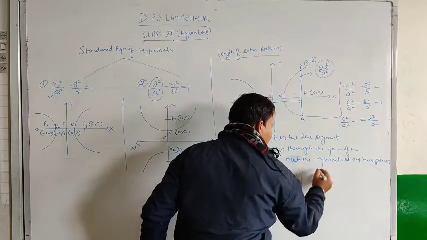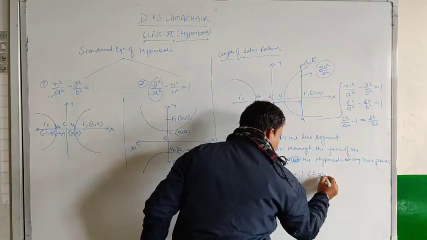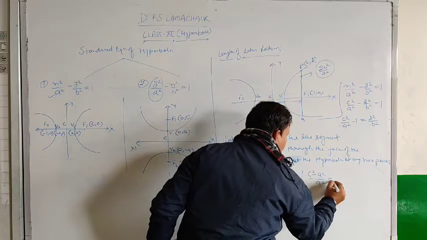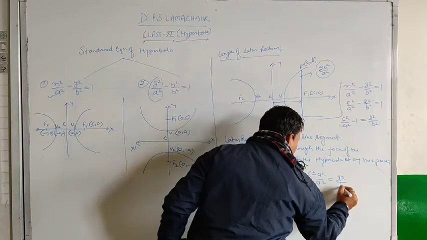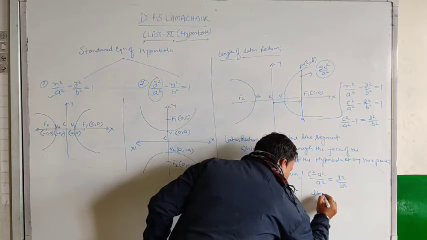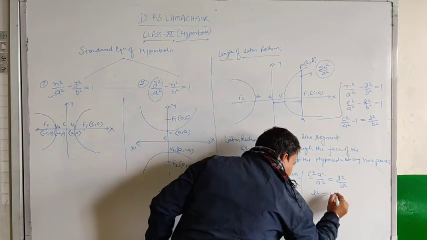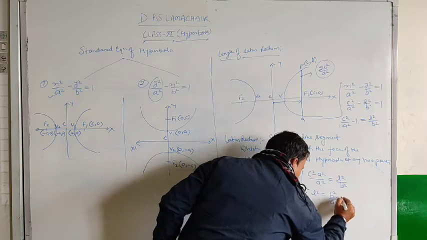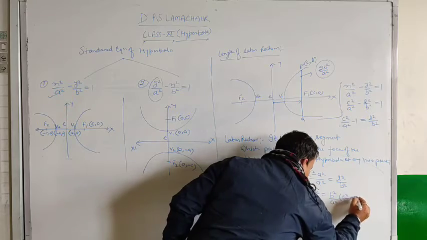Now c square minus a square upon a square will be equal to l square upon b square. So the value of l square is equal to b square upon a square, and within bracket c square minus a square.